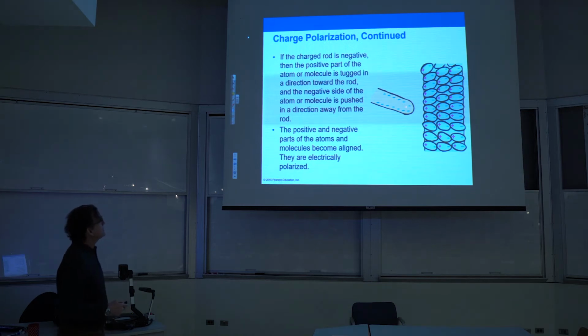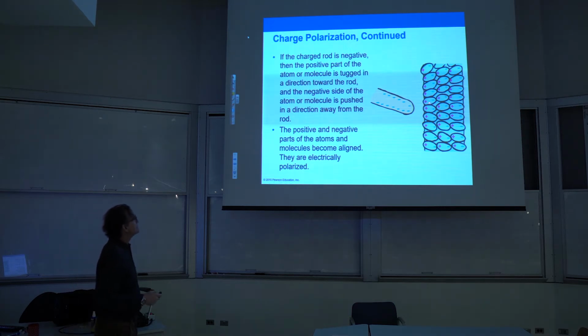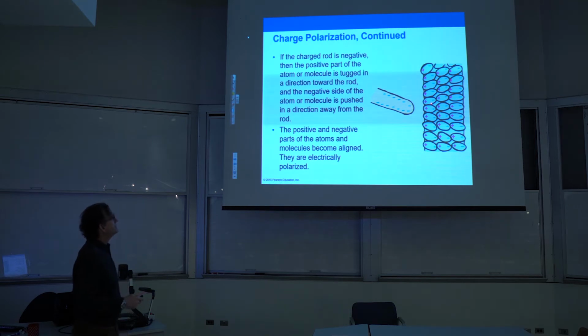As it's brought near to the wall, the electrons in the atoms of the wall are repelled and displaced away from the central positive nucleus of the atom. And so there's much more attraction between the negatives and positives here, because the positives are closer to the negative on the rod than the negatives are, which are located further away. Furthermore, the negative and positives cancel each other out in this middle column over here.